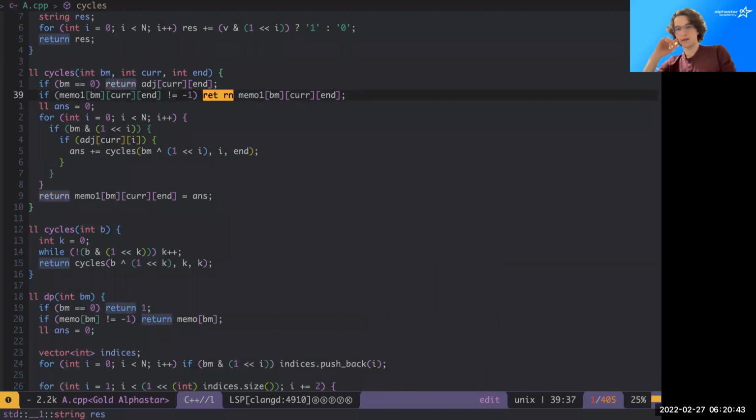Maybe we can do this iteratively. What if we did try this iteratively?